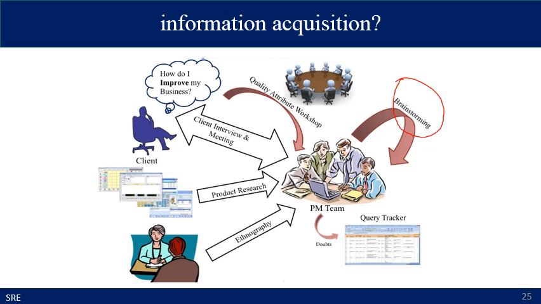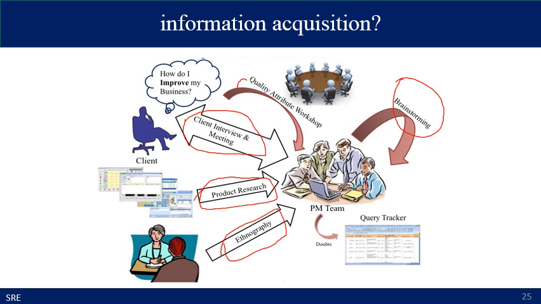You can also conduct client interviews and meetings to find out what the actual need or desire is, or you can use some product research about already developed products, or you can conduct an ethnography which will help you understand how end users are doing the task, so you can automate this task into a project so that end user needs are met.